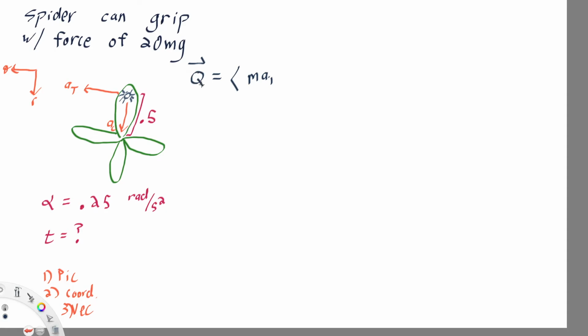I'm going to call it Q. We're not using Q for anything else. Right, so we're going to have some tangential force in the theta direction and centripetal force in the radial direction. So the magnitude of the total force, we're going to use the Pythagorean theorem to add that up.